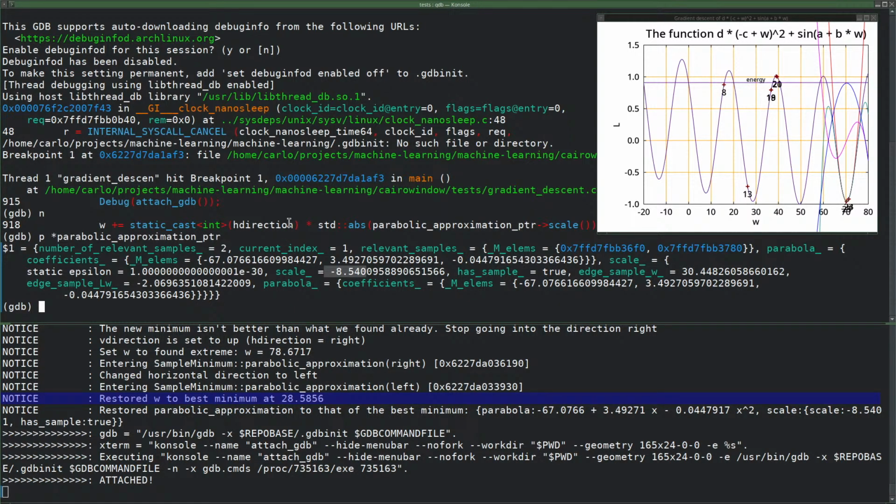I'm gonna calculate it, I think, from the parabola.